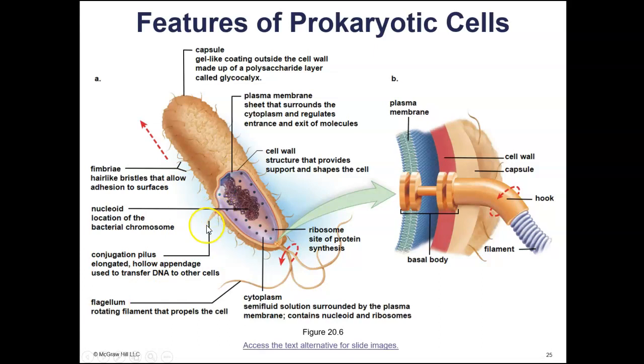The conjugation pilus allows the bacterium to inject some of its DNA in the form of plasmids into other bacteria. And then the flagellum, this one has, it looks like 3, for movement. And you can see the layers of its surface. The plasma membrane would be on the inside, then you would have the cell wall, and outside that sometimes there will be a capsule.